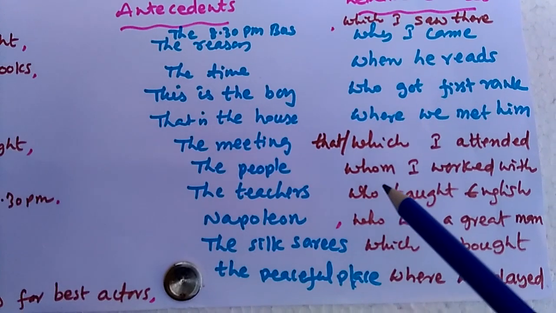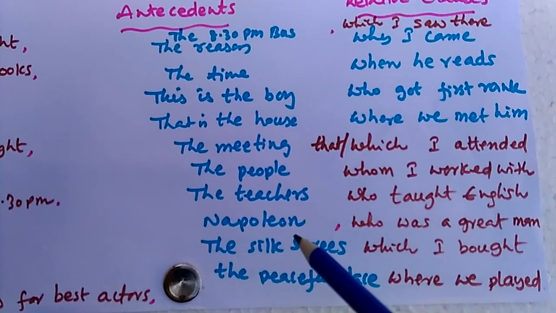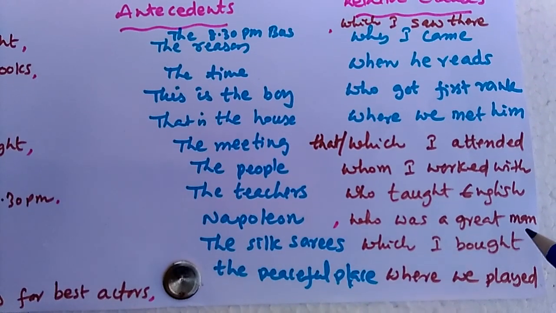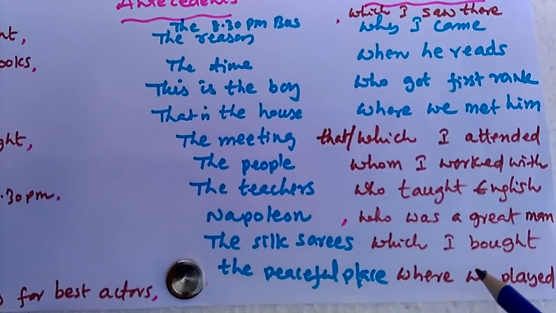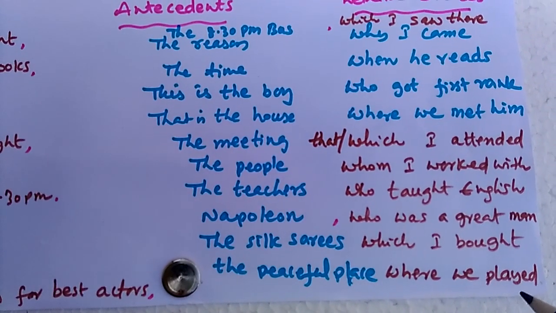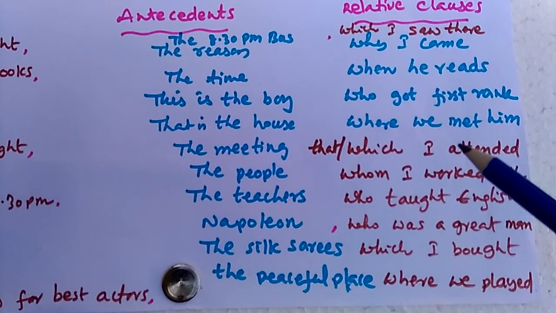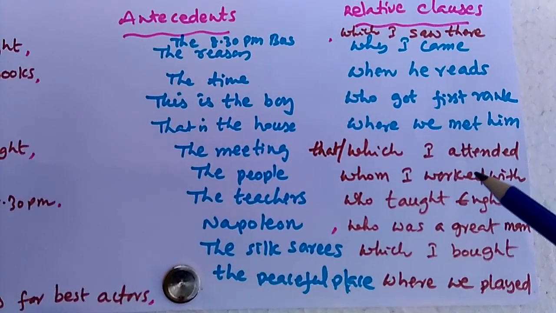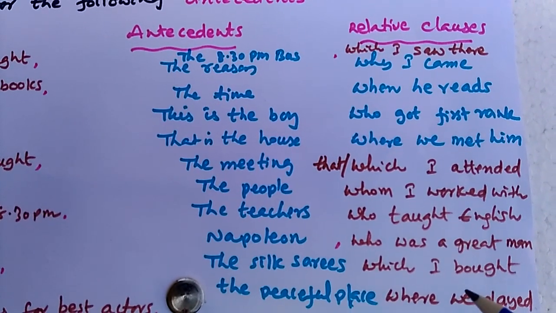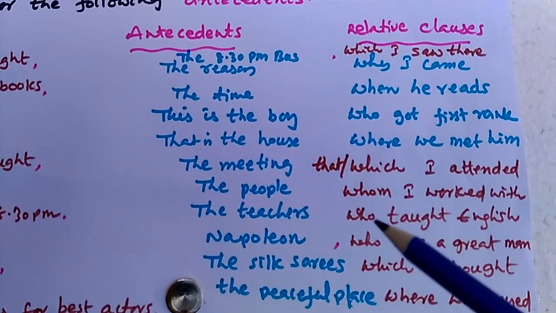The people whom I worked with. The teachers who taught English. Napoleon, who was a great man. Silk sarees which I bought. The peaceful place where we played. Like that, we can also give some antecedents and children may be asked to write some relative clauses, I mean the clauses starting with these words.